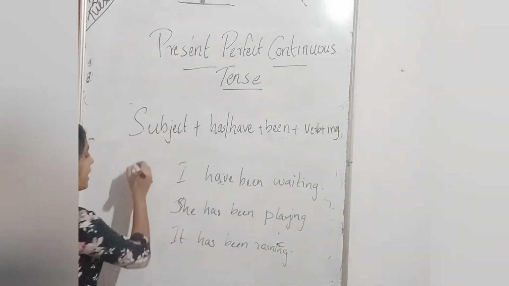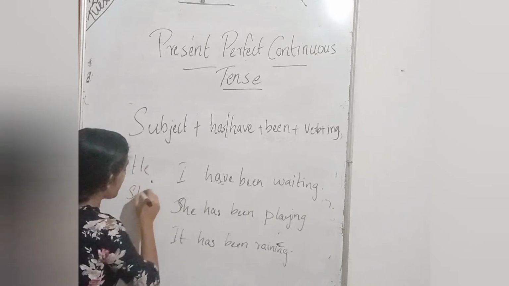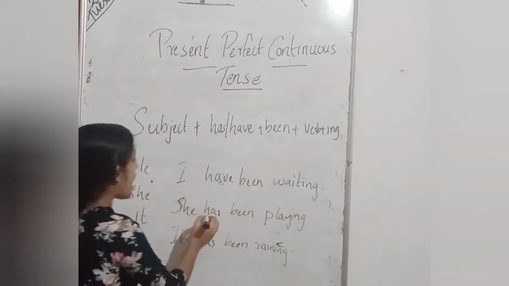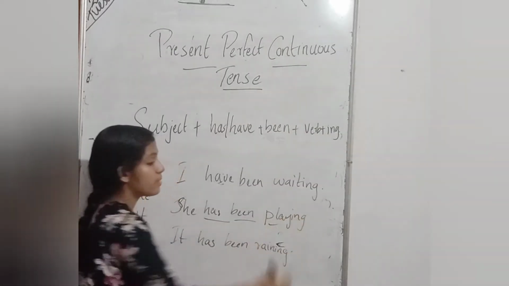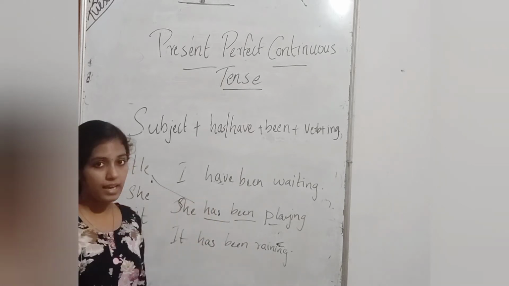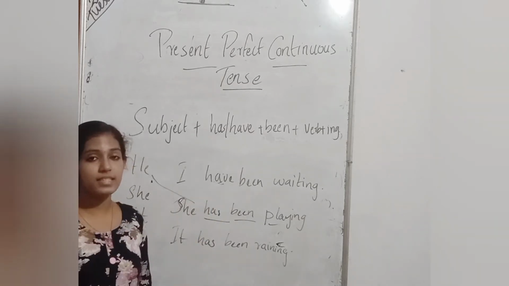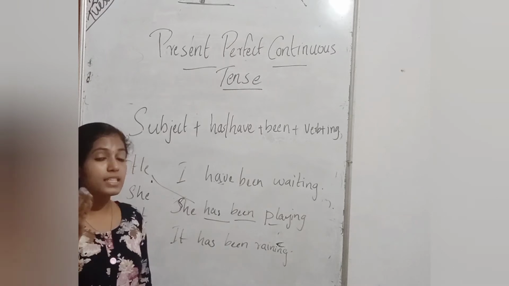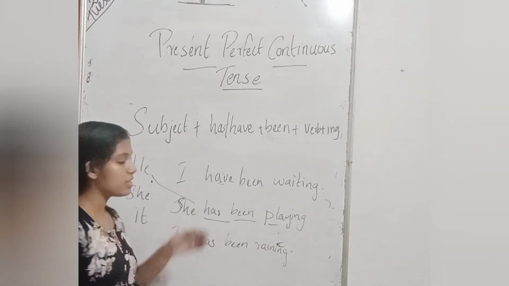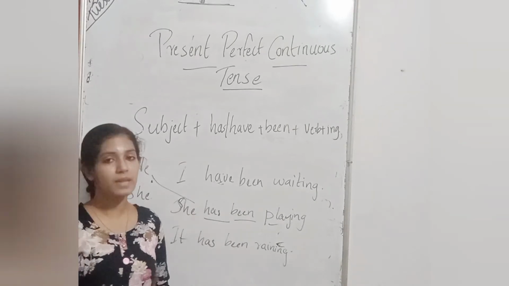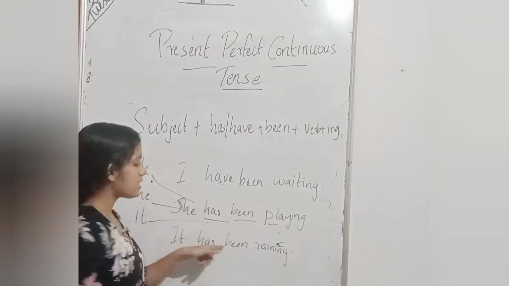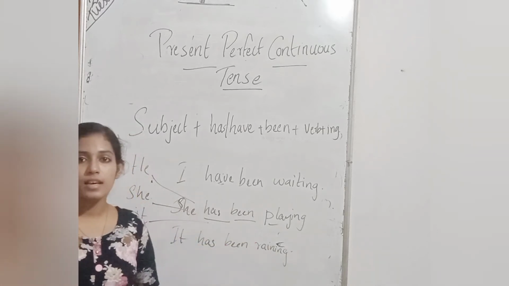For the subject like he, she, and it, we use has plus been plus verb plus ing. He has been playing. He has been writing. He has been learning. She also we use has plus been plus verb plus ing, and it also we use has plus been plus verb plus ing.